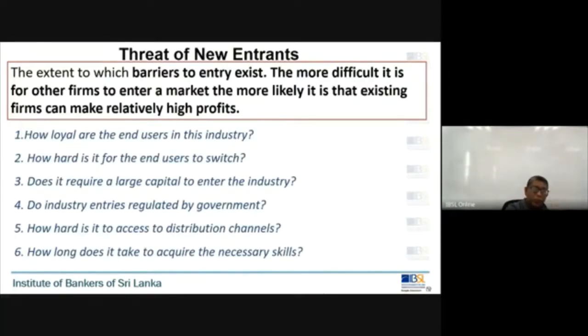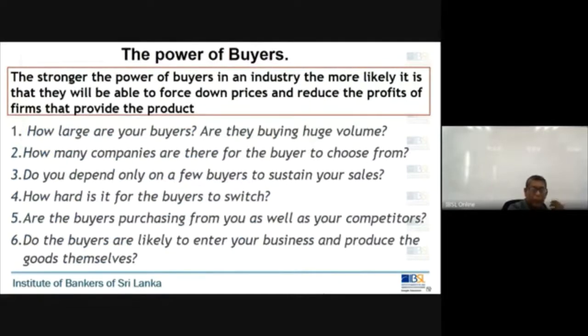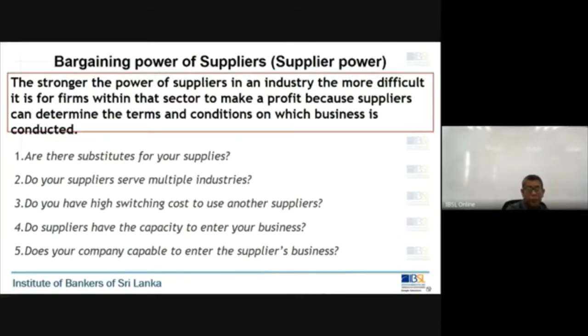So, threat of new entrants: how can you make an entry barrier for new people to come into your bank? How may you use your power over buyers? You have a large clientele. You do a lot of cross-selling. And you have good supplier agreements with them.